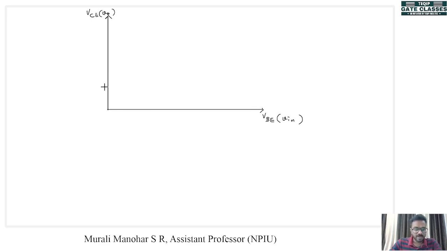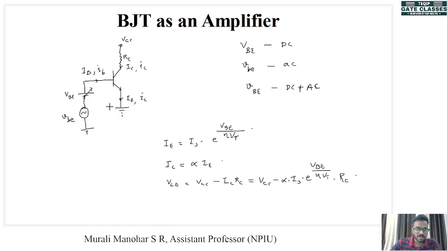Okay, so when VB is very small, that means if we are not giving any DC supply to this, IB will be equal to 0. If IB is equal to 0, that we can see from the input characteristics, IC will be in the cutoff region, that we can see from the output characteristic. So if IC is not flowing, that means across this transistor we will get the entire VCC.